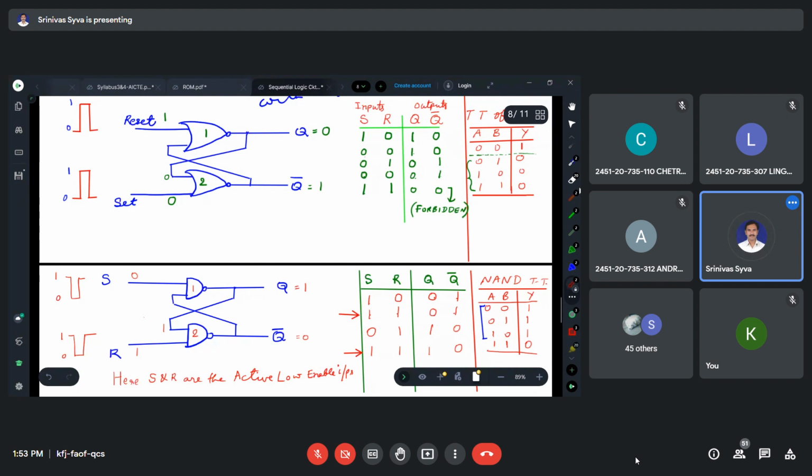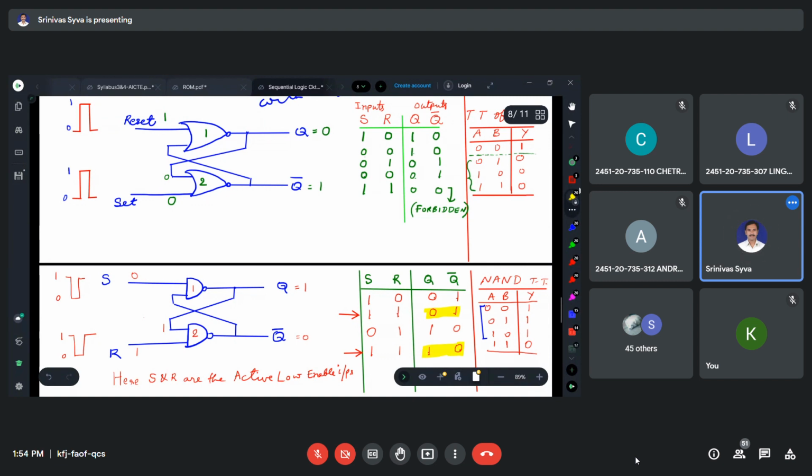Similarly, in this case, the same 1 1, but here you are getting different outputs: Q is 1, Q bar is 0. Compared to earlier, it is exactly opposite. Why is it happening?